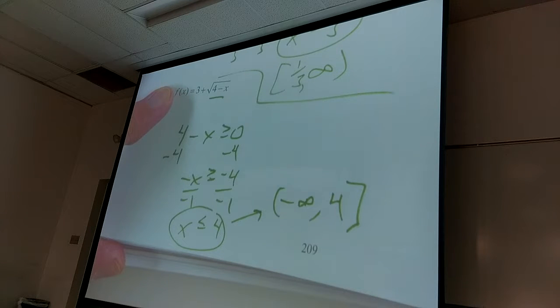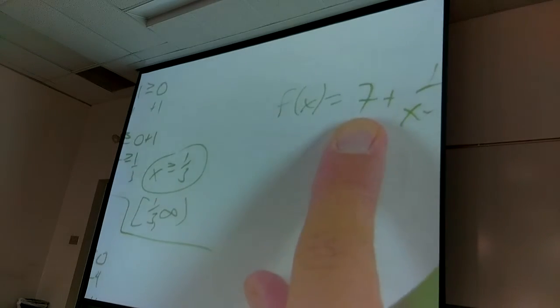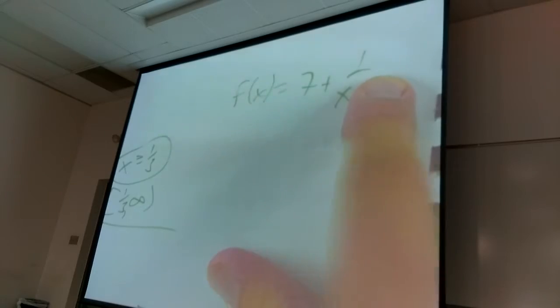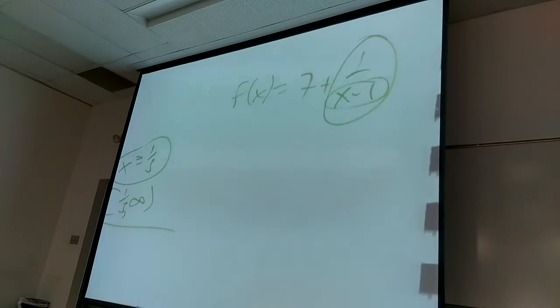So just completely forget about the 3. Say again? Completely forget about it. Exactly. The same way we totally didn't care about the 7. What part of this has a problem with some values of x? Just this part. In fact, just this part.